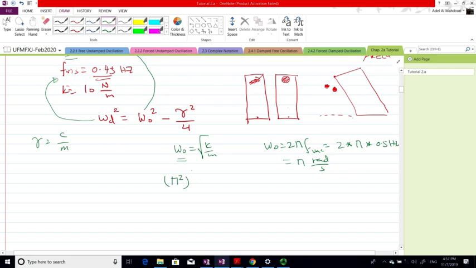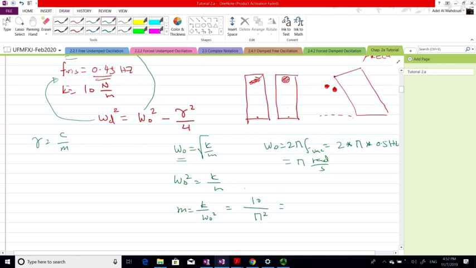If you square both sides, what you will get? Omega naught squared equal to K over M. M in here, omega naught goes to the other side. Then M will be K over omega naught squared. K is given as 10 Newton per meter. Omega naught is pi squared.